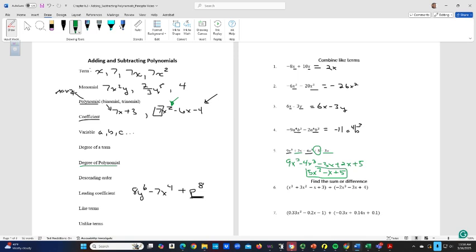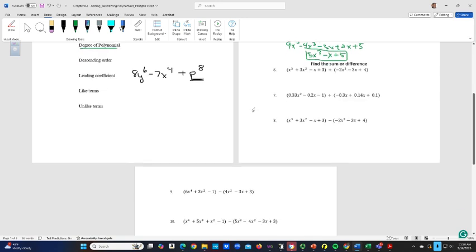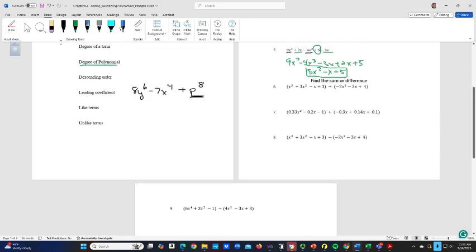So the descending order is that you go from your highest degree in the polynomial and then go smaller from there, to the smallest terms. All right, so when we are looking at questions 6 through 10, again, we have quite a few terms that we're trying to combine, right?